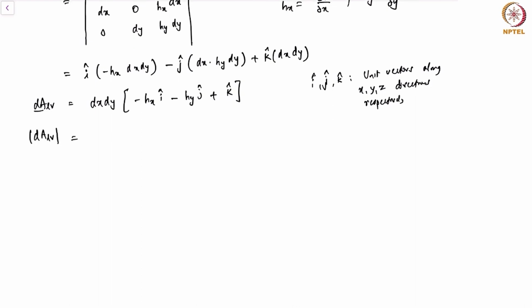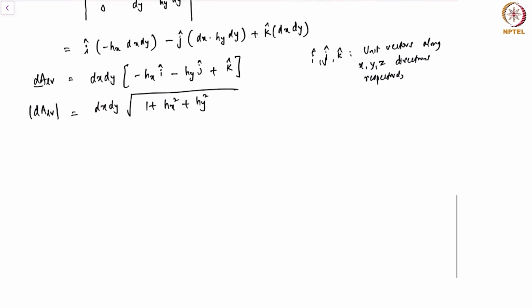The area will simply be the magnitude of this quantity, which is just dx dy times the square root of 1 plus hx square plus hy square. We will also require the normal later on, so we'll write down the expression for the normal.